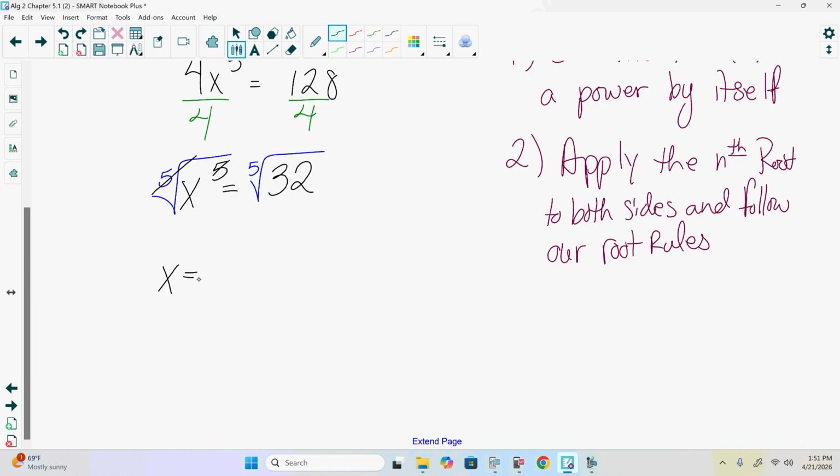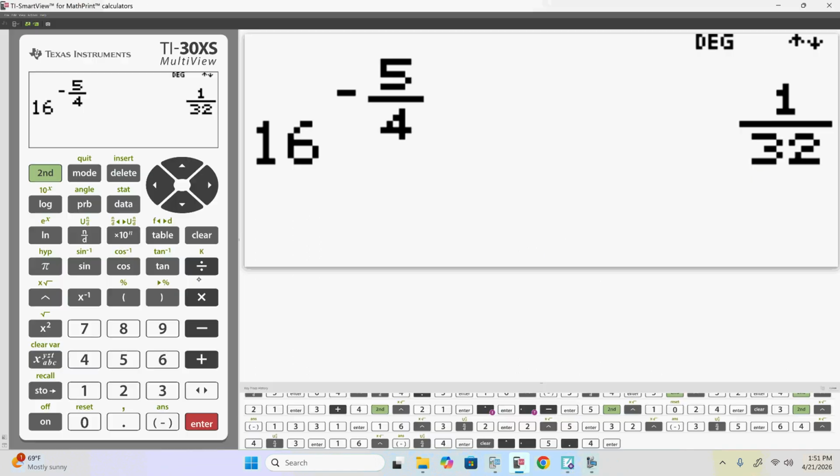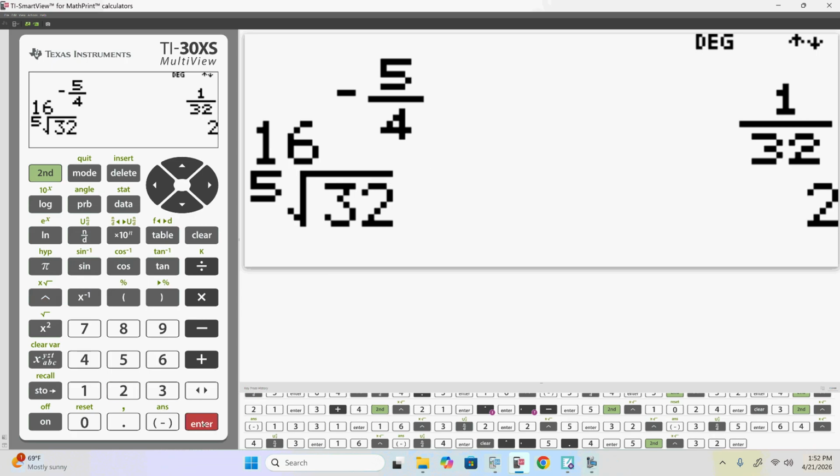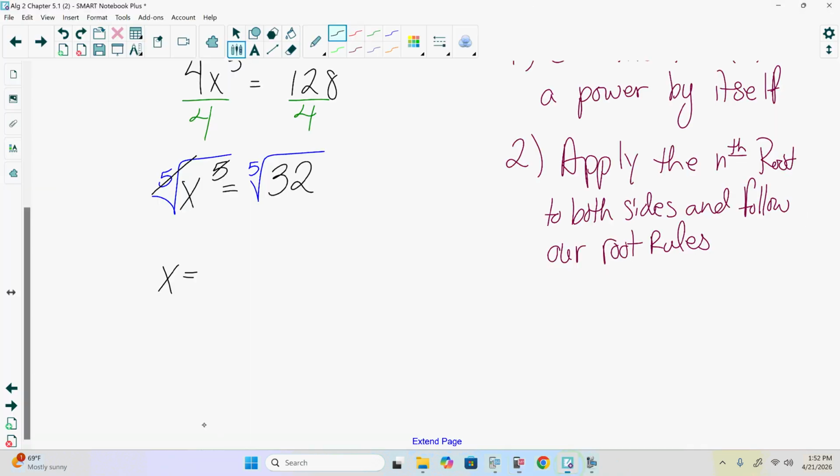Now the fifth root of 32. I'd grab a calculator, plug it in, see what the fifth root of 32 is, and it is 2. Okay. So we did the first half of that. We applied the nth root to both sides, but we do need to follow our root rules.